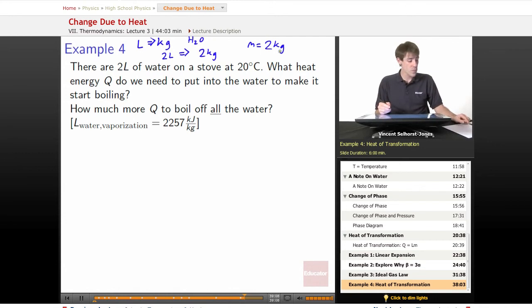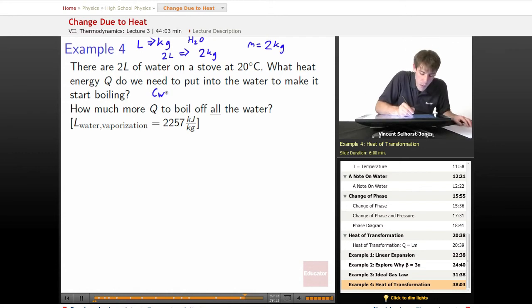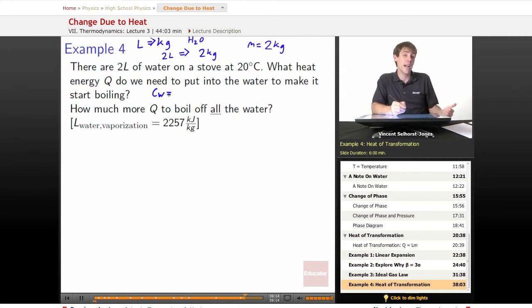So also, what's the specific heat for water? Specific heat for water is equal to 1 calorie per gram per Kelvin, right? So if it's 1 calorie per gram per Kelvin, that's the same thing as 4.1868 joules per gram per Kelvin.